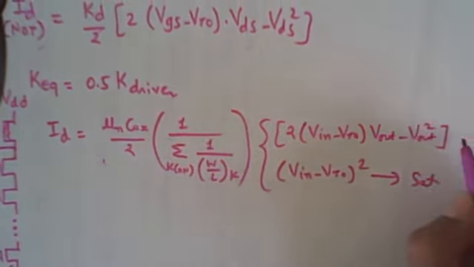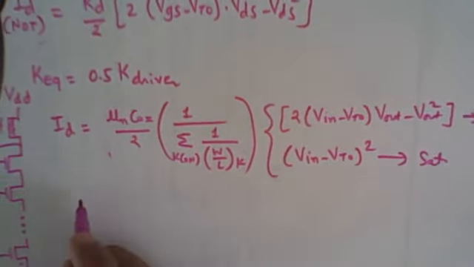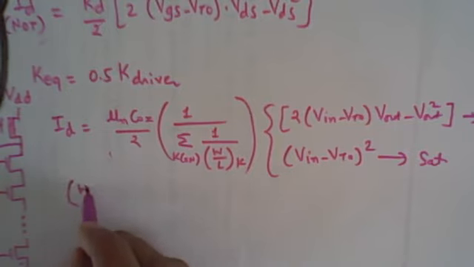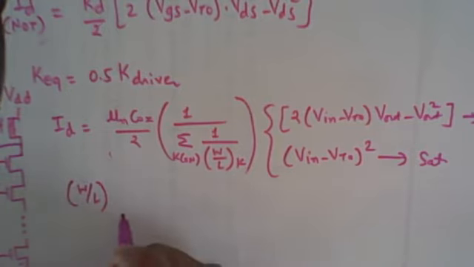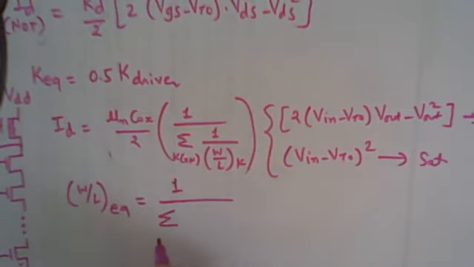Here it is for the linear region. So when we convert the NAND structure into its equivalent inverter structure, the equivalent W upon L is 1 upon summation over K of 1 upon W upon L of K.